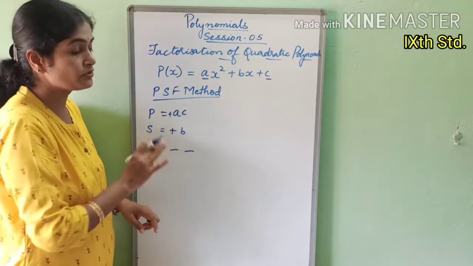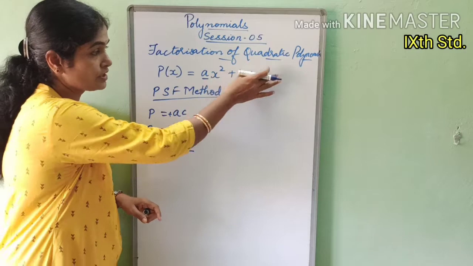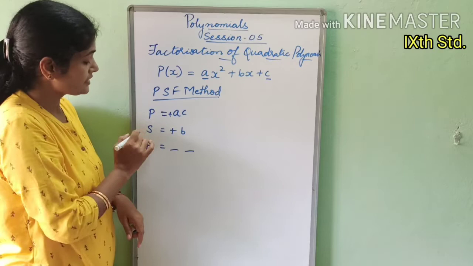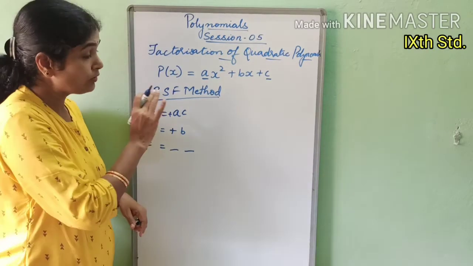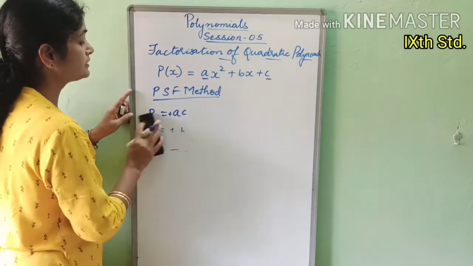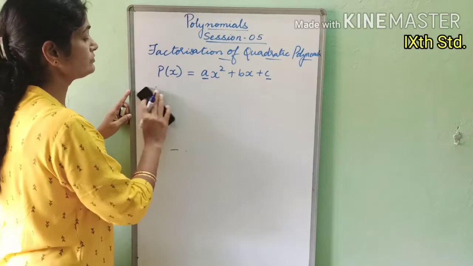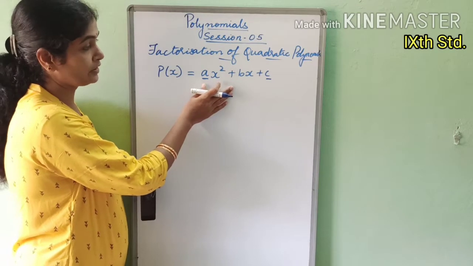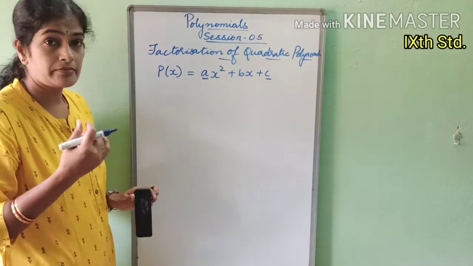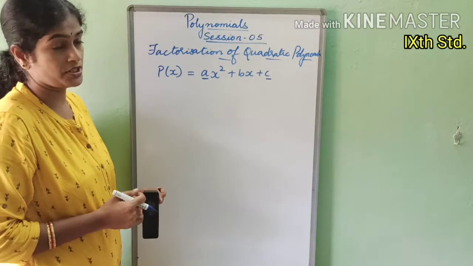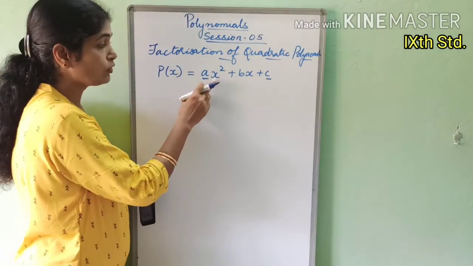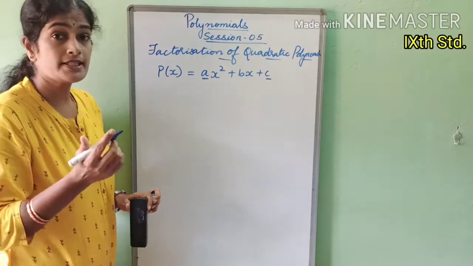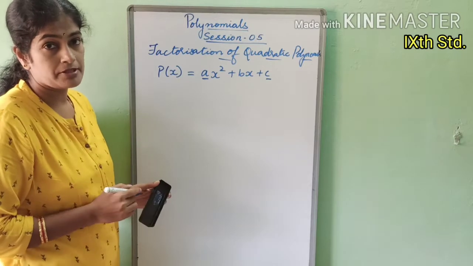So this method you are using to split the middle term, or to do the factorization of this quadratic polynomial. Now how does this product sum and factor method depend on the signs? The product of the coefficient of x square and the constant term may sometimes be positive, sometimes negative.